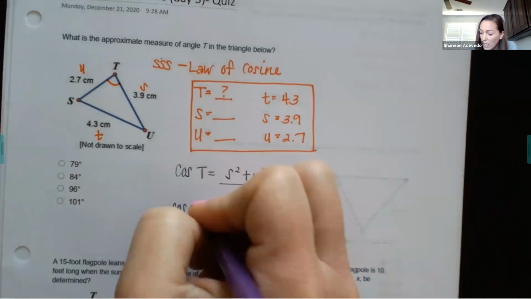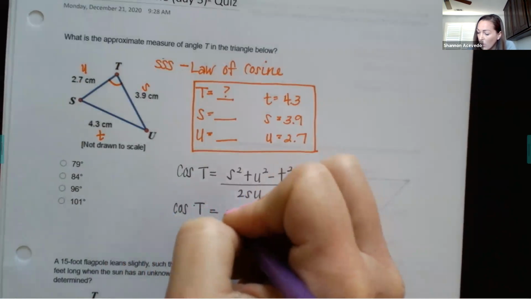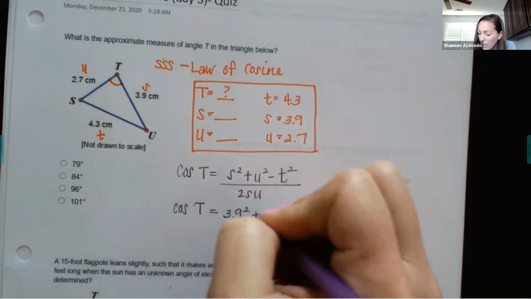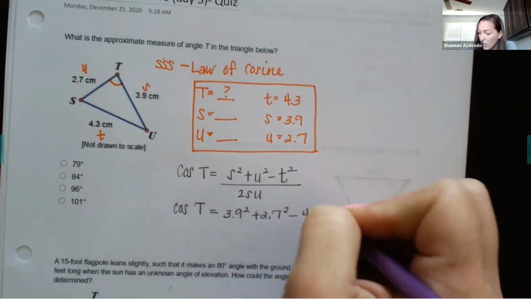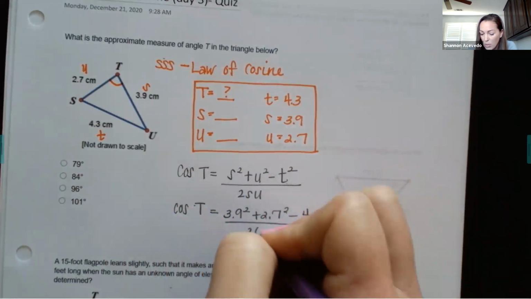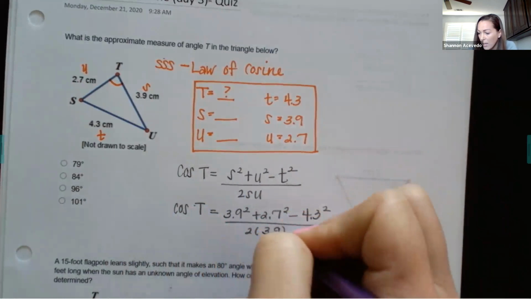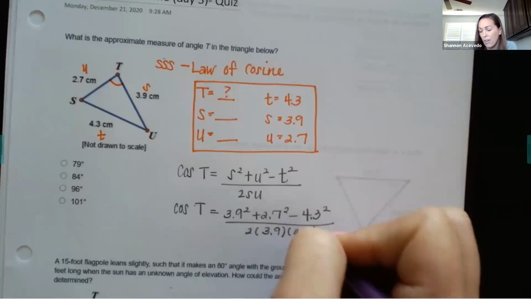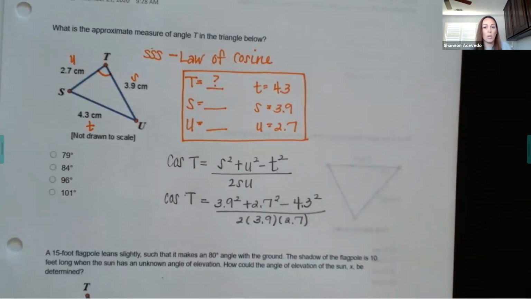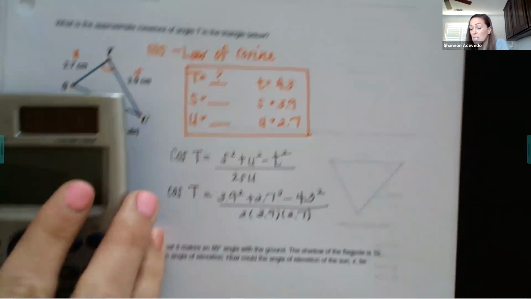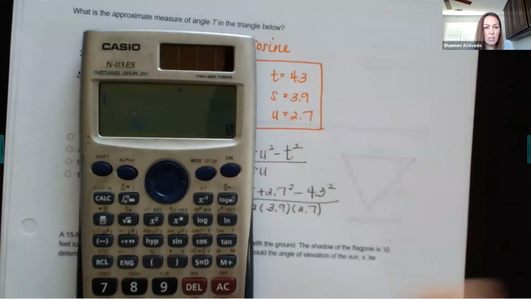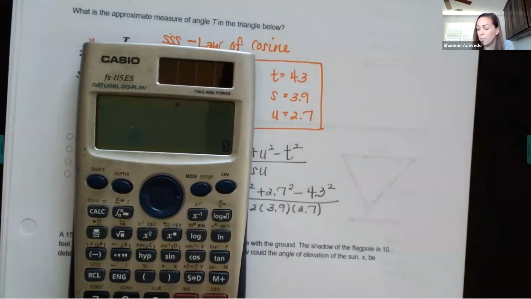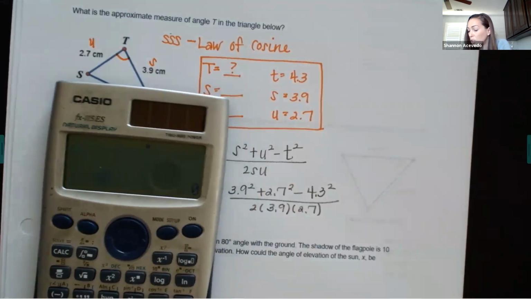Cosine of angle T is equal to 3.9 squared plus 2.7 squared minus 4.3 squared, all over 2 times 3.9 times 2.7. You can put this all in your calculator in one piece, but that's often where you guys make mistakes. So I would recommend doing it piece by piece.